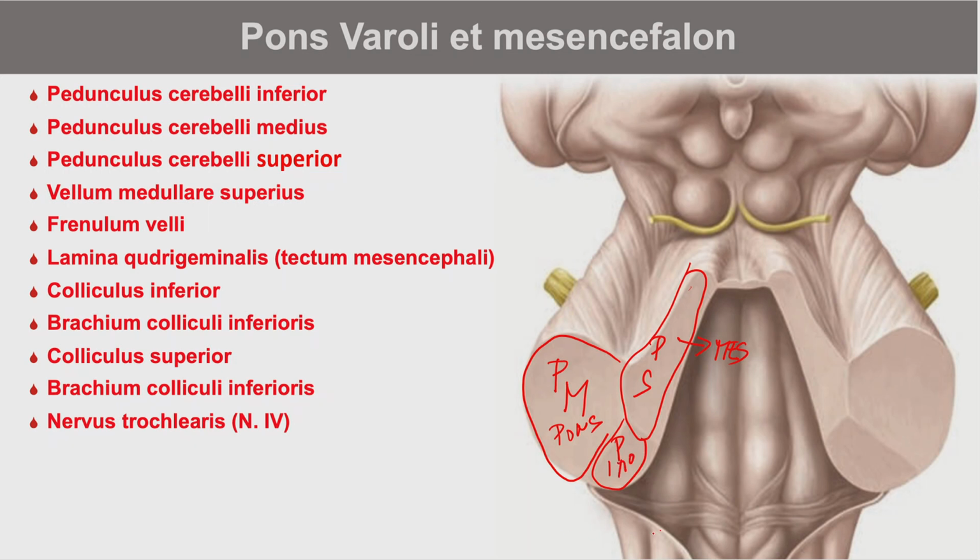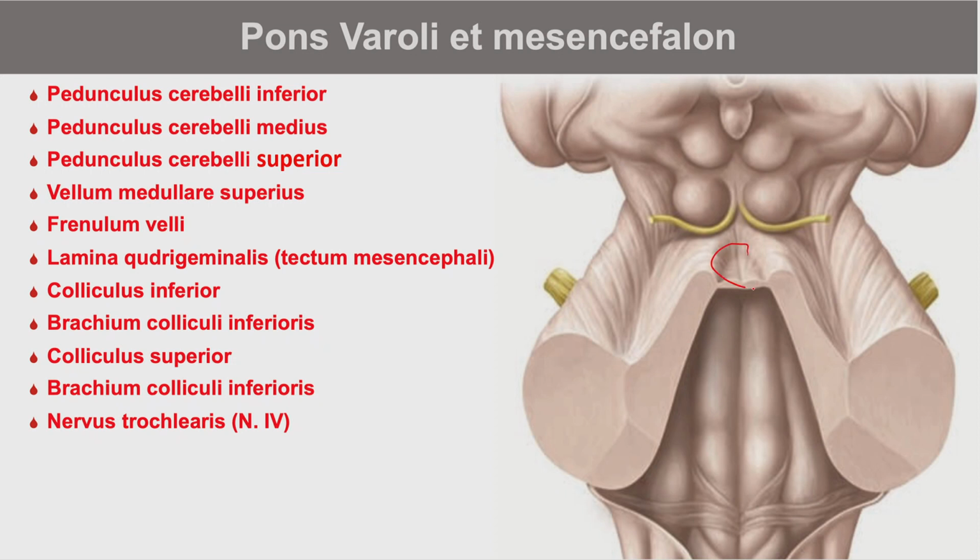For example, this way the information is going into and vice versa out from the oblongata. Then the velum, the roof of the fourth ventricle, is here, which is containing also in the middle line the frenulum, so the line which is in the midline. Then important is that the mesencephalon dorsally forms those four colliculi.